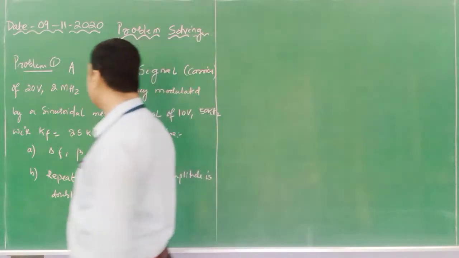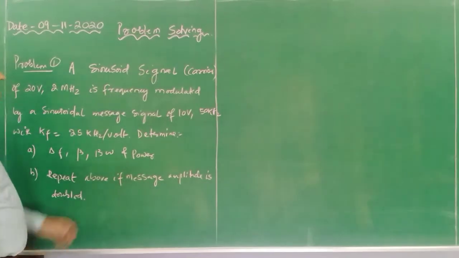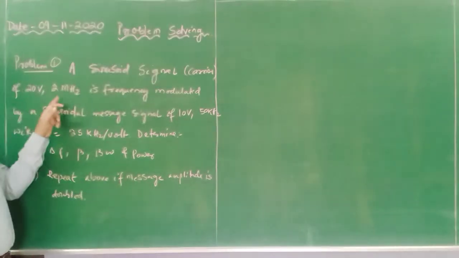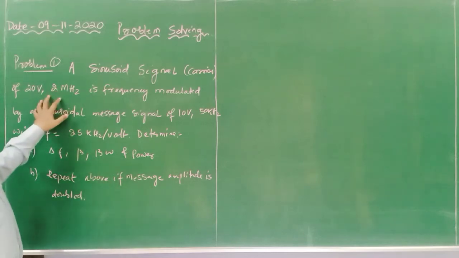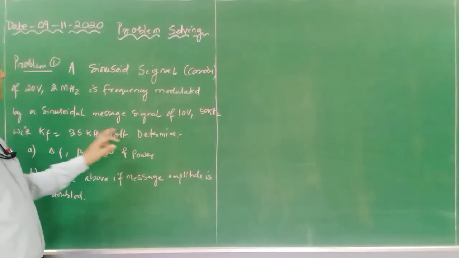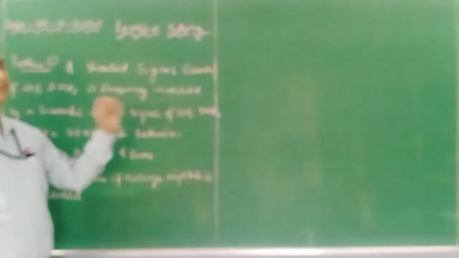So first it is given a sinusoid signal of 20 volt, 2 megahertz. Now in this question you can see there are two potentials, 20 and 10, and two frequencies, 2 megahertz and 50 kilohertz.